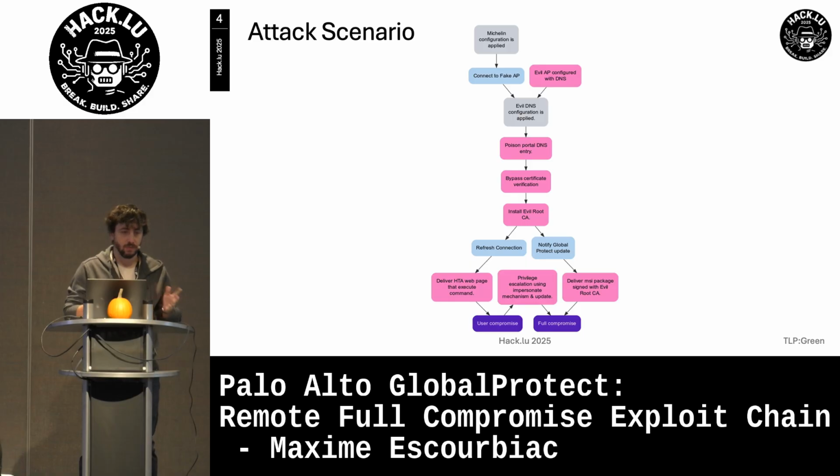So, no surprise, I will begin with the attack scenario. We have good network engineers at Michelin, so they applied a hardened configuration. A client will connect to a fake access point, Wi-Fi, but we'll see later this can work with anything else.